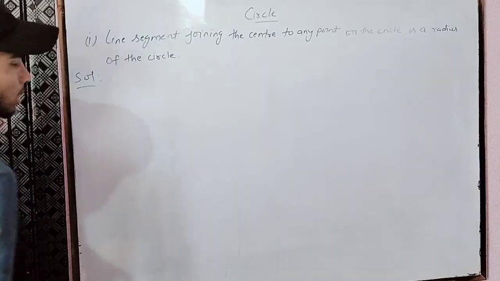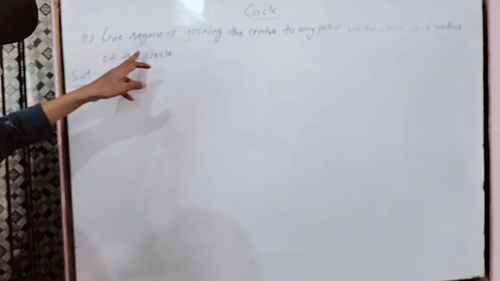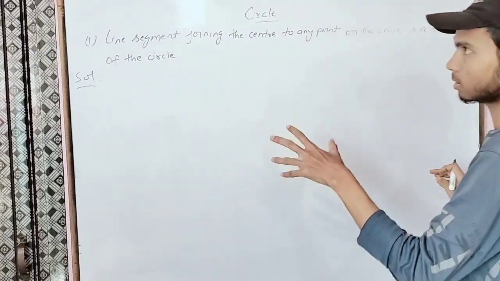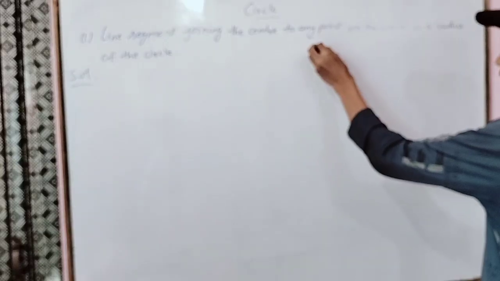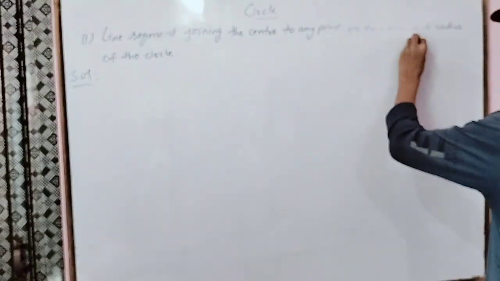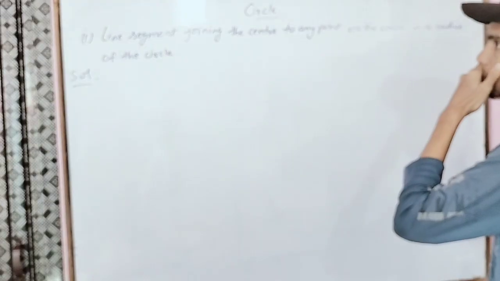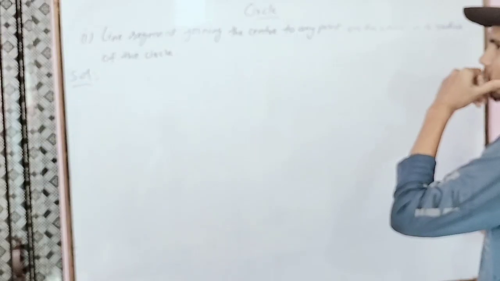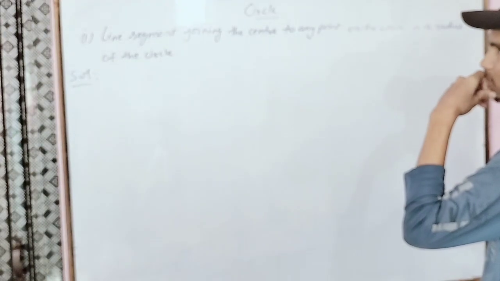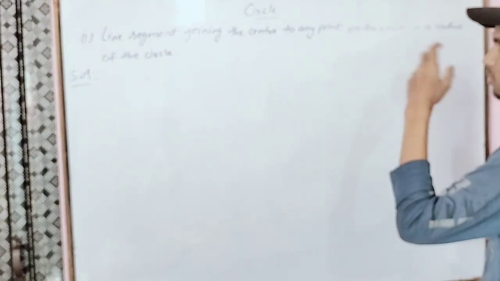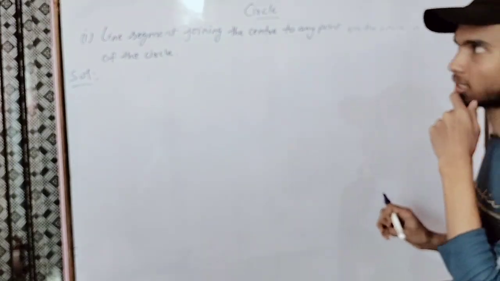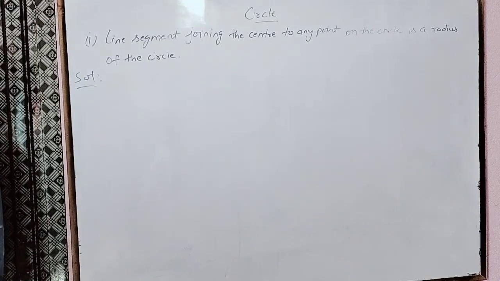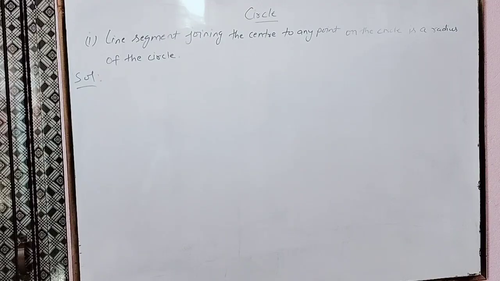What is it saying? A line segment joining the center to any point on the circle is the radius of the circle. So no, it is talking about a line segment. Radius is not a line segment.